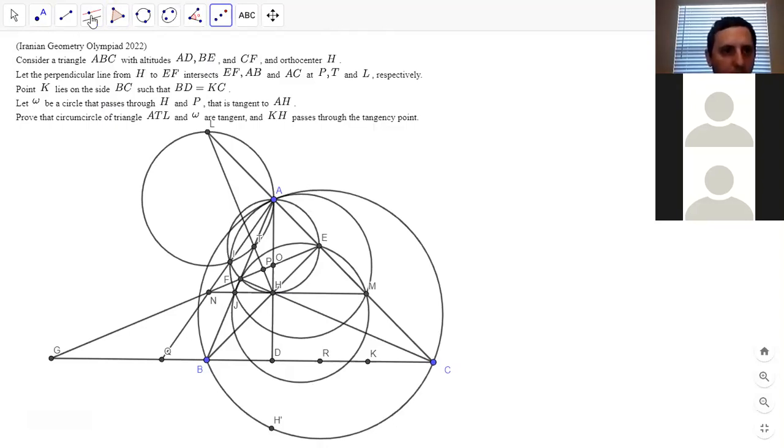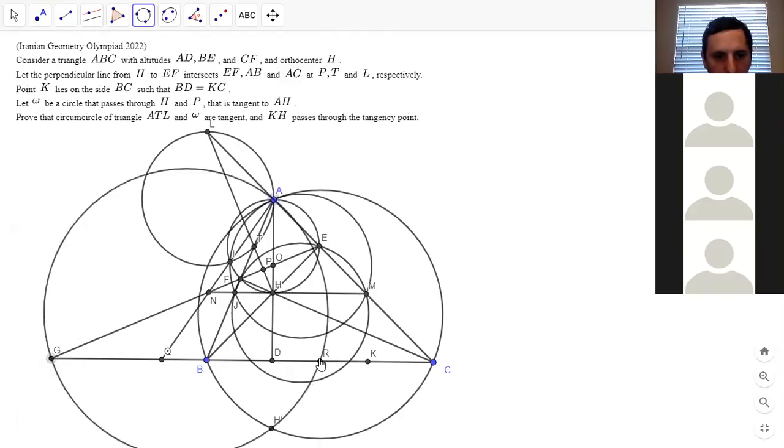So we know that this is cyclic, because H is the orthocenter of AGR. So GD times DR, where GD is twice QD and DR is half of DK, would mean that AQH'K is cyclic with orthocenter H. Does that make sense? That's kind of how I thought of it.